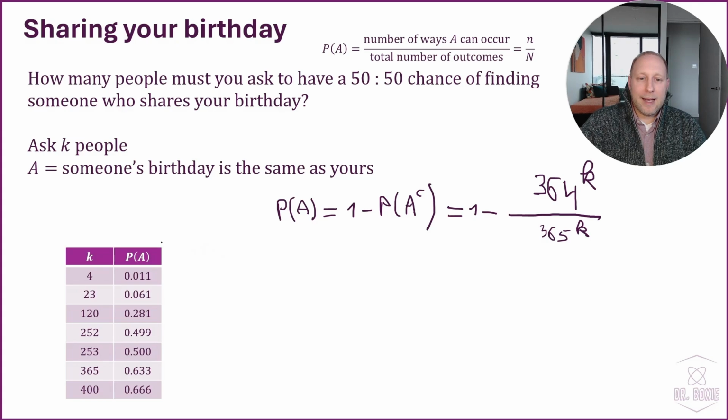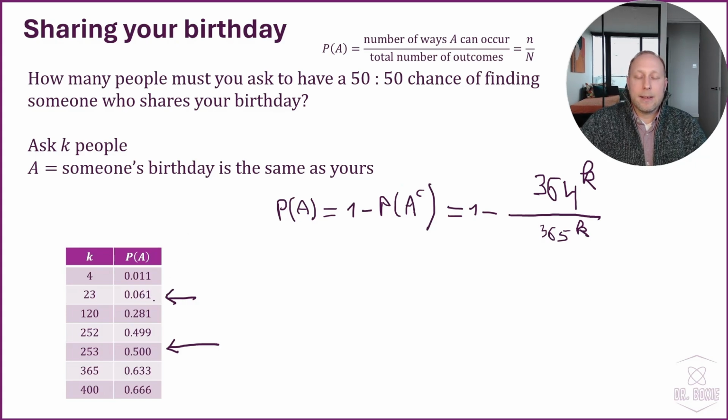Notice, first of all, that when you ask 23 people, you are way below 50%. We reach the 50% only when we ask that question to 253 people. So significantly more than half the number of days there are in a year.